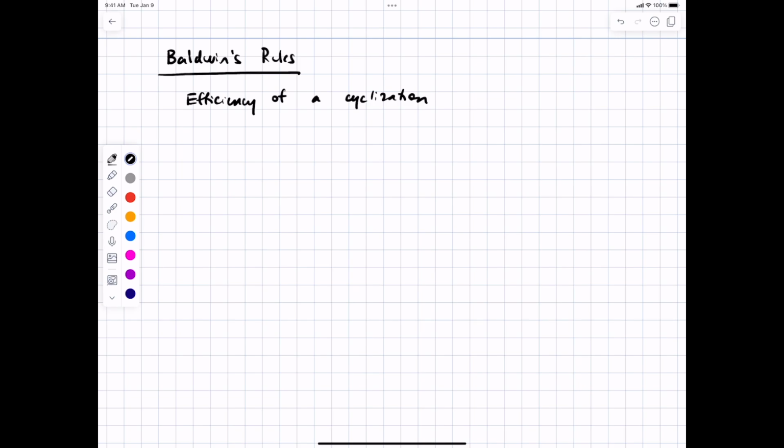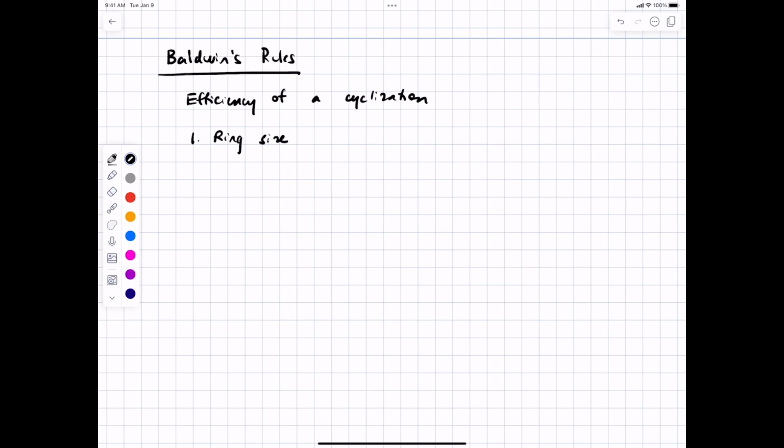But Baldwin's rules break down every ring-forming reaction into 3 basic determinants, 3 basic categories. The first is ring size.